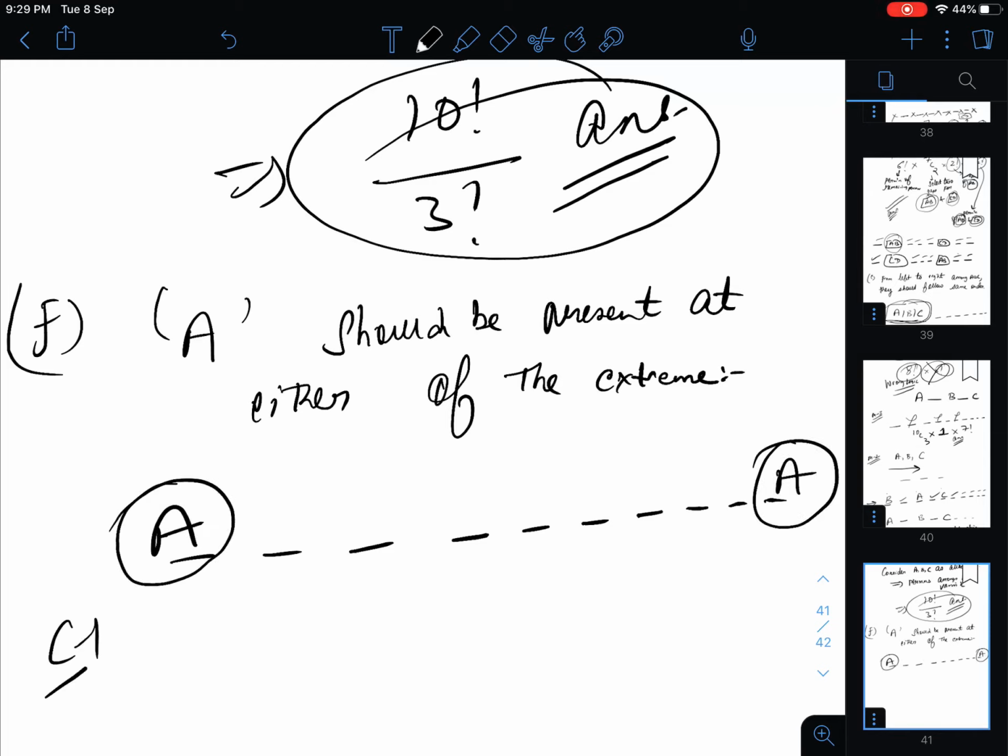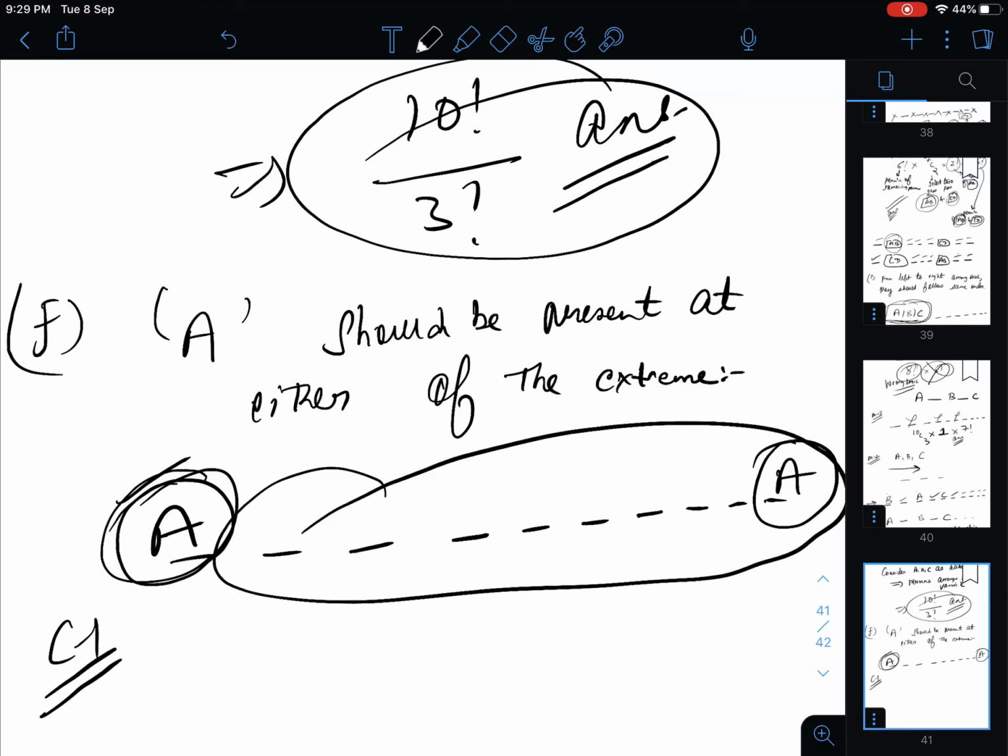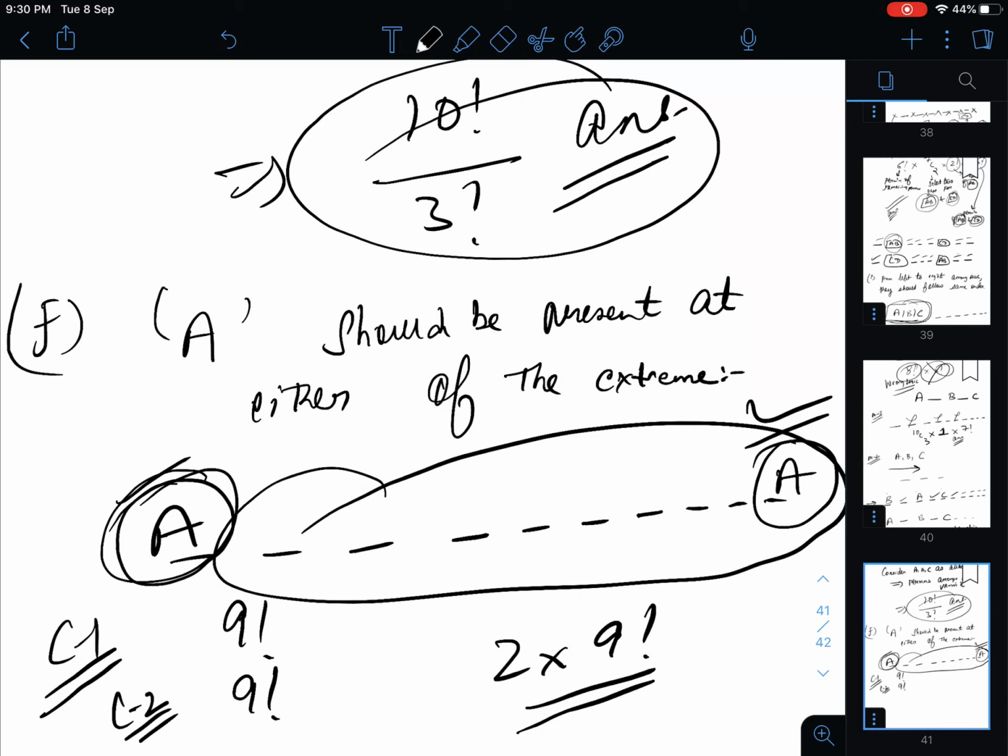So make mutually exclusive cases. Case 1 is, suppose A is present at the first place. Then once you fix A here, you have the remaining 9 persons and you can permute them in 9 factorial ways. And secondly, if A is fixed at the other end, then you have 9 persons to the left of A and they can be permuted in 9 factorial ways. So the answer is 2 into 9 factorial.